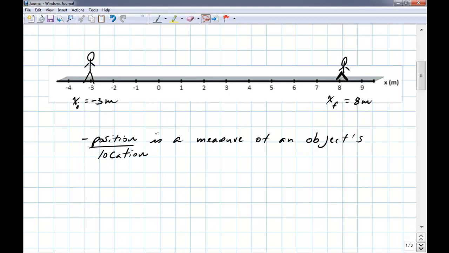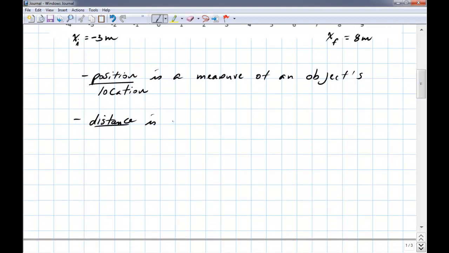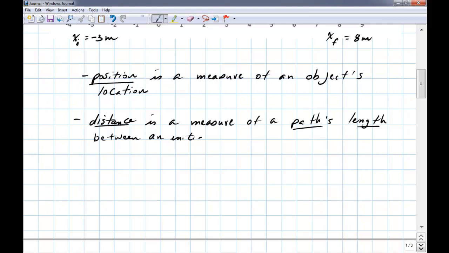Let's now introduce distance. Distance is a measure of a path's length between an initial and a final location.